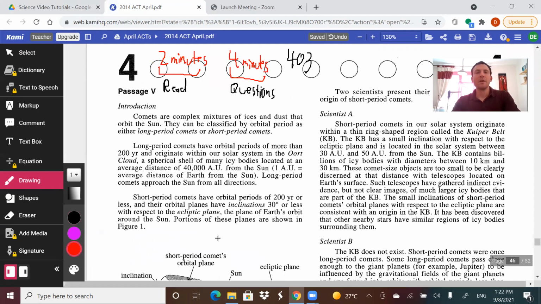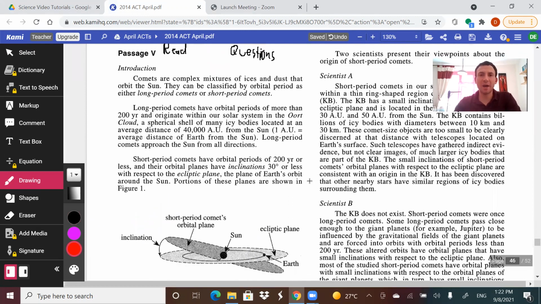Okay, so introduction. Comets are complex mixtures of ice and dust that orbit the sun. They can be classified by orbital period as either long period comets or short period comets. If it's italicized, it's key terminology that we need to know. Long period comets have orbital periods of more than 200 years.